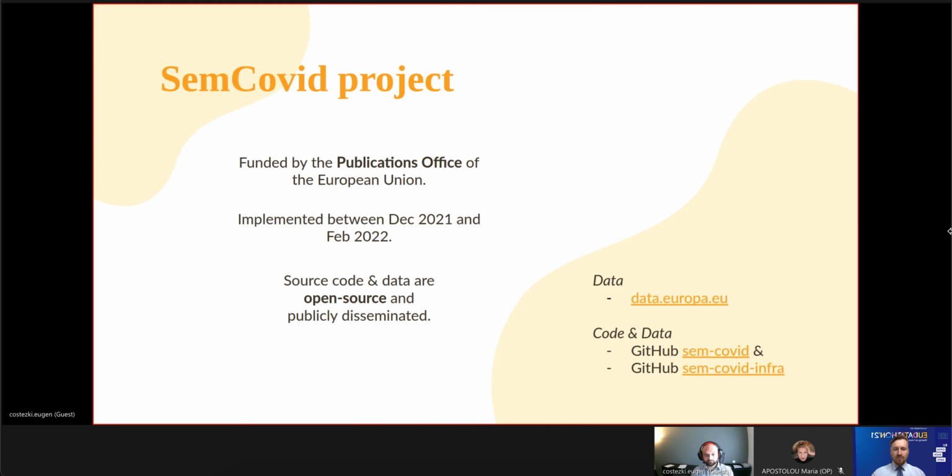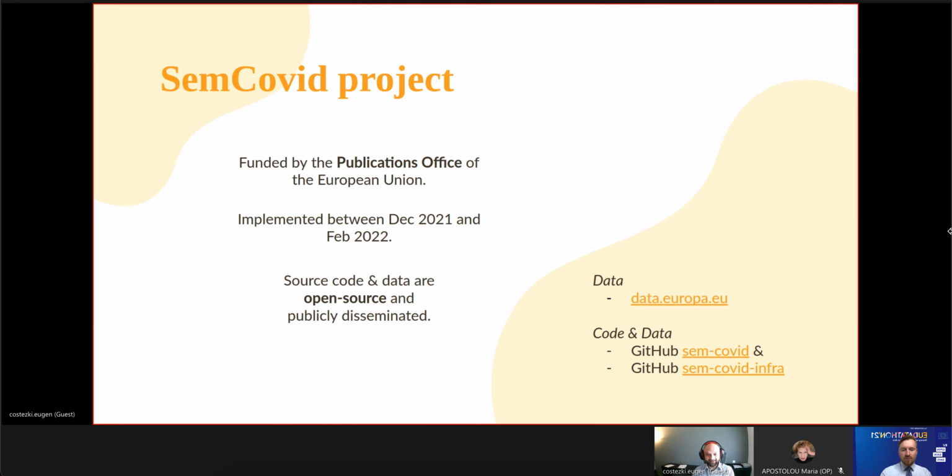It's totally open source. The data are publicly disseminated. They can be found either on data.europa.eu or on GitHub. There are 2 repositories, one for the infrastructure and one for the actual code doing the actual tasks.